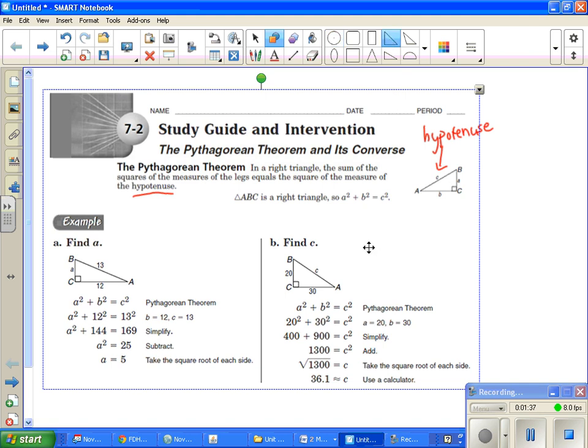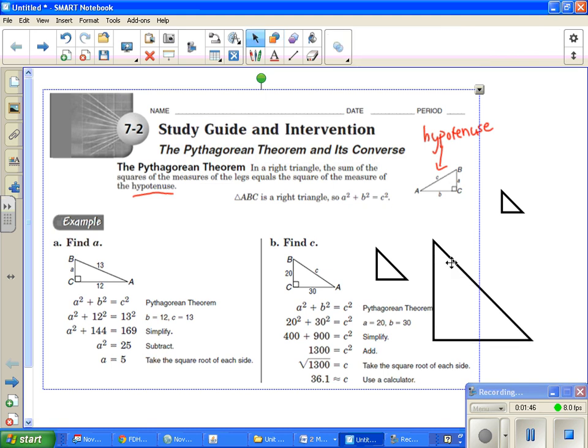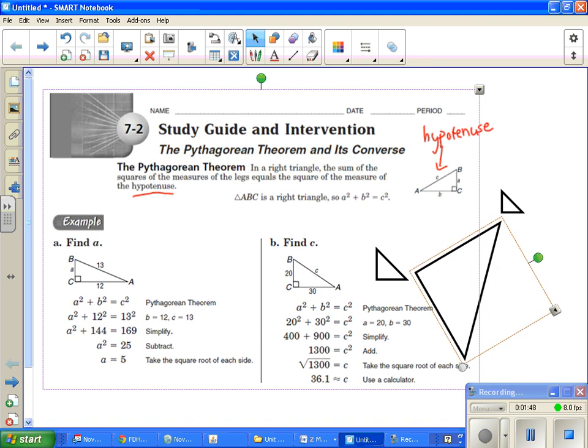If they look like that, or maybe it's a little bigger, or if it was upside down, it doesn't matter.